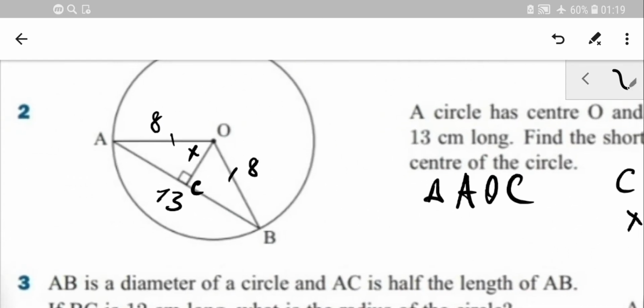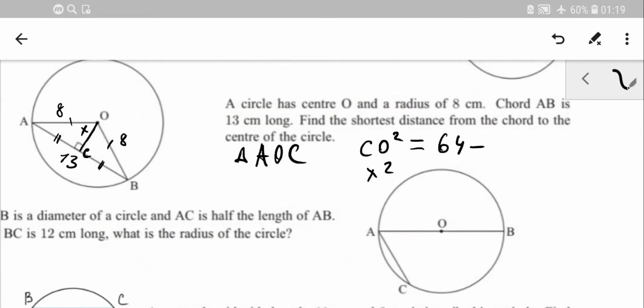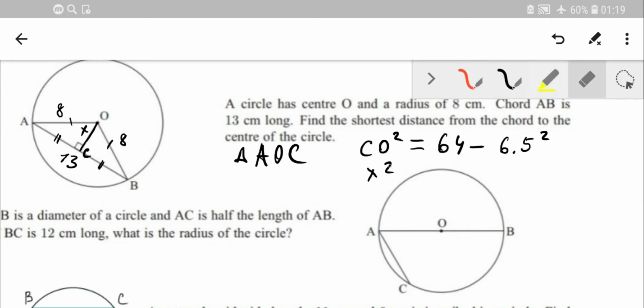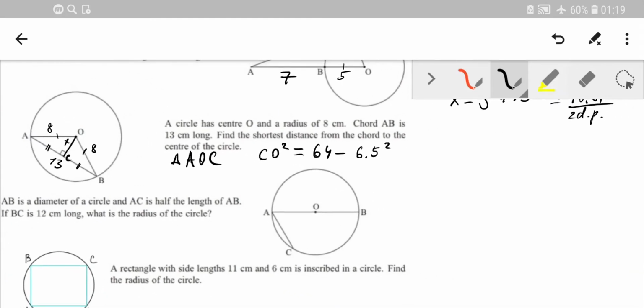But you know, there is a specific theorem about the bisector: if it is perpendicular to the chord, it splits the chord into equal parts. The height in an isosceles triangle is also the median, so it splits the opposite side into equal parts. So finally we'll get AC to be half of 13, that's 6.5, which is squared.